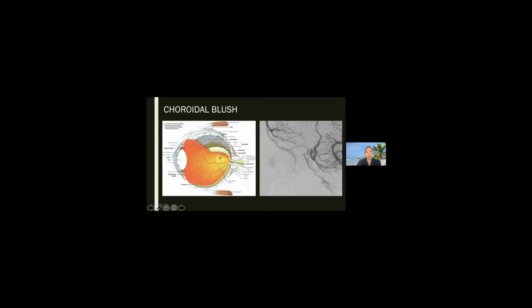But if you are concerned about a central retinal artery occlusion, which we often get called about, the choroidal blush itself is not indicative of whether or not just the central retinal artery is occluded. Obviously, if you have an ophthalmic artery occlusion, then you will not see a choroidal blush, but it's more than just the central retinal artery that contributes to this blush.